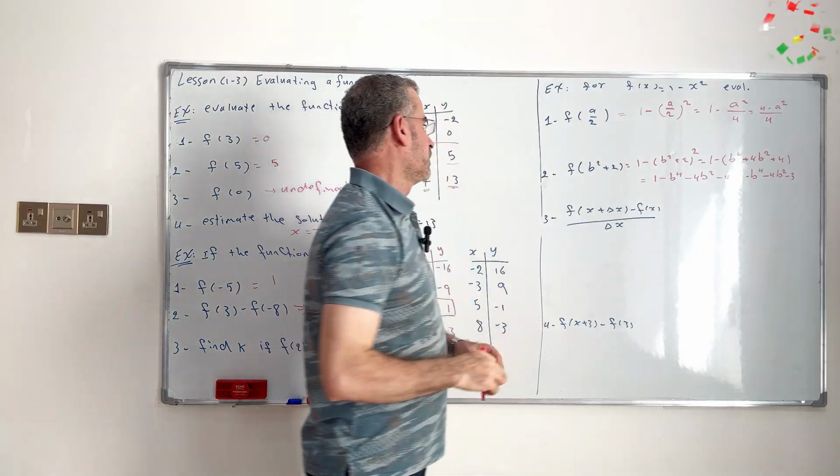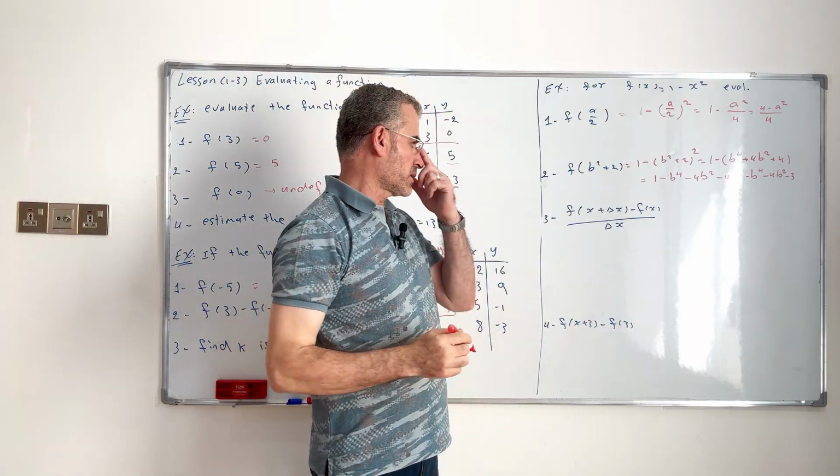It is the value of f of b squared plus 2.